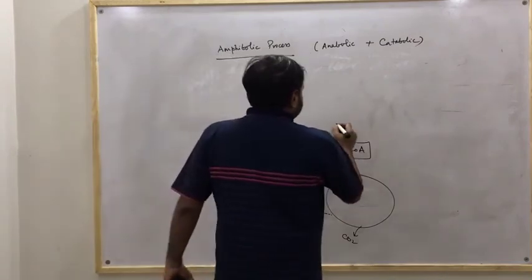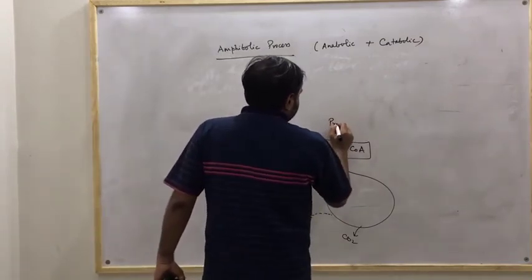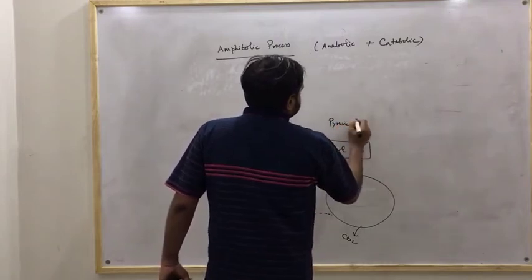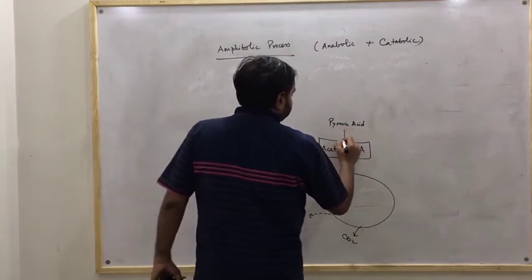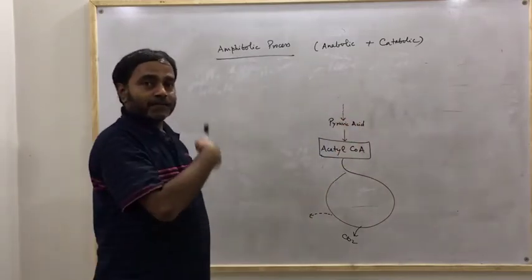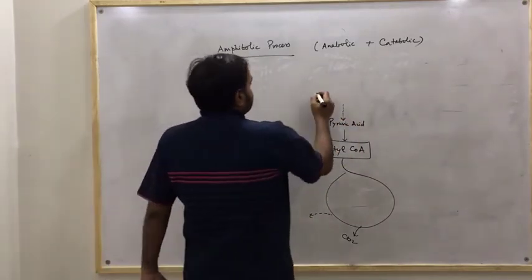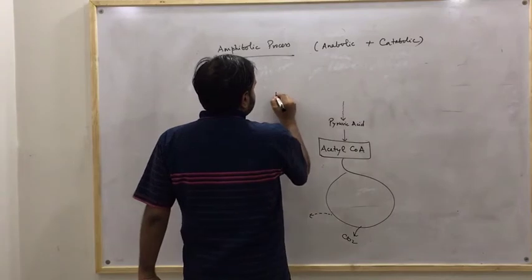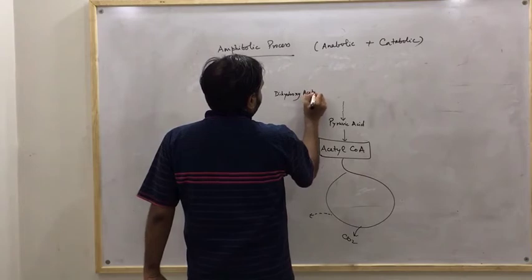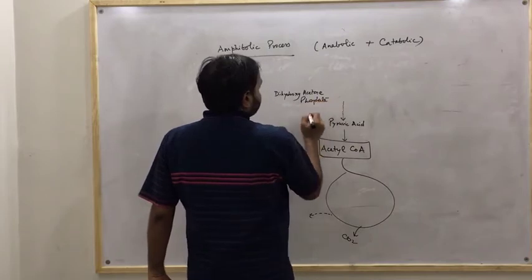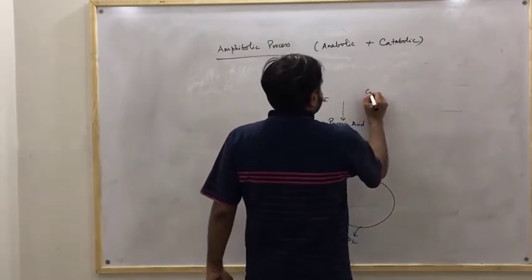And now how are the other things related? Here I need to write pyruvic acid. I am writing dot dot because several steps are there that we already have seen, and the formation of two particular compounds, that is dihydroxyacetone phosphate and glyceraldehyde phosphate.